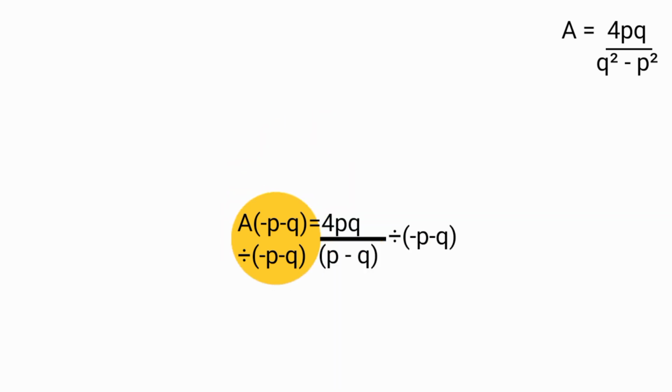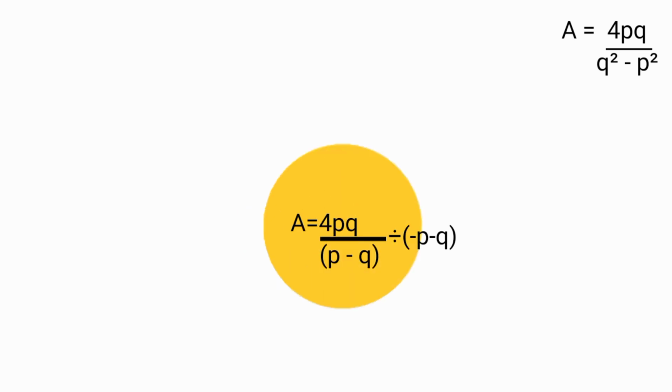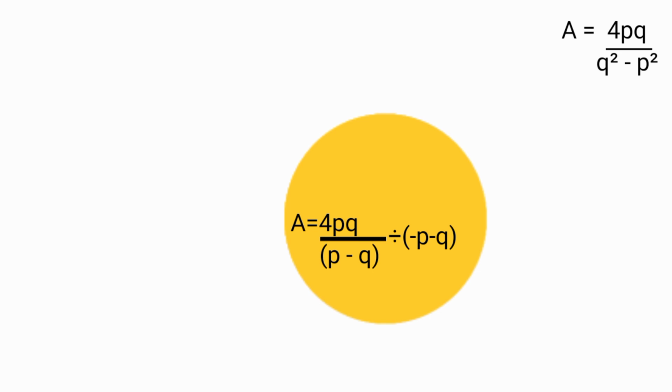A open bracket minus p minus q divided by minus p minus q is the same as a times minus p minus q all over minus p minus q. Minus p minus q cancels minus p minus q. Now a is equal to 4pq over p minus q divided by minus p minus q.